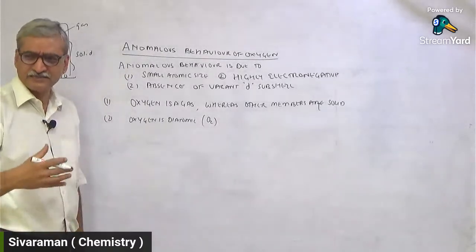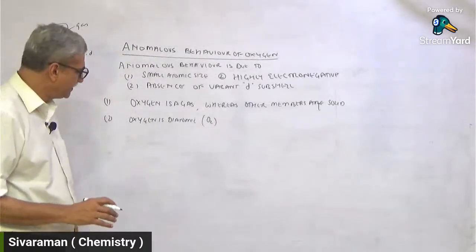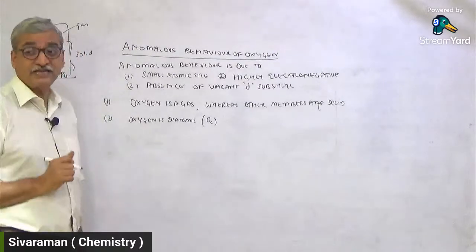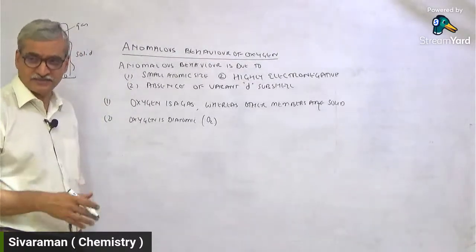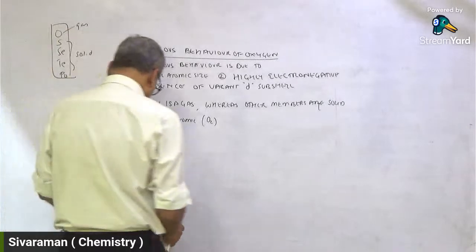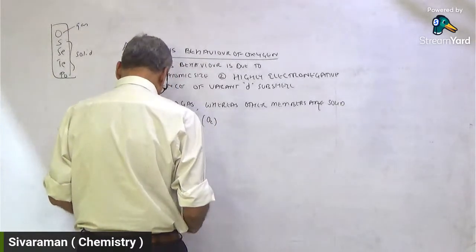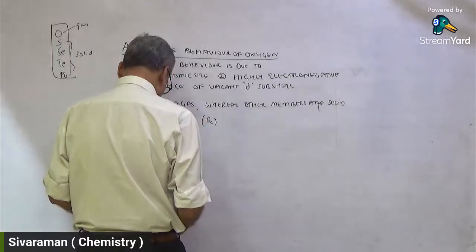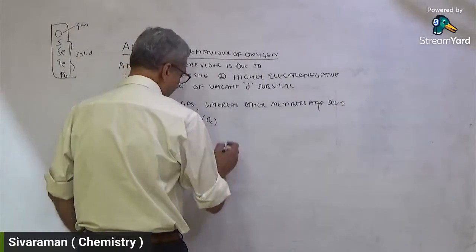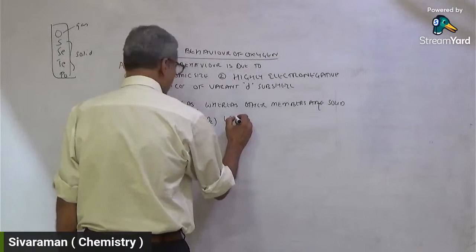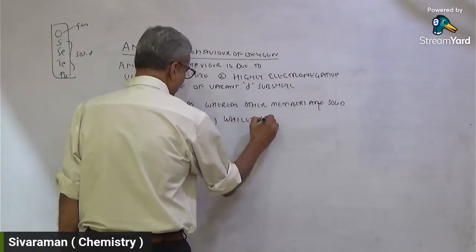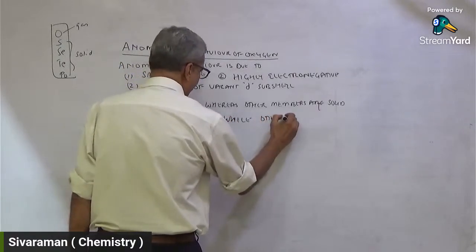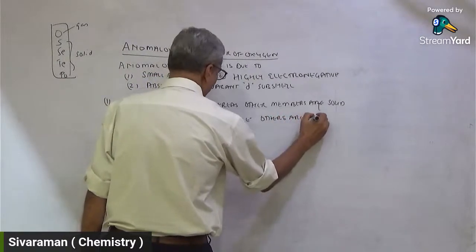Nowadays this problem has arisen, so you have to say dioxygen; oxygen means oxygen atom. So it is diatomic, while others are polyatomic, of course not polonium.